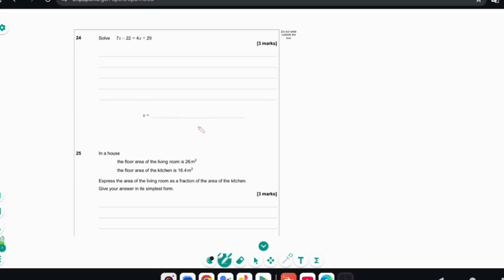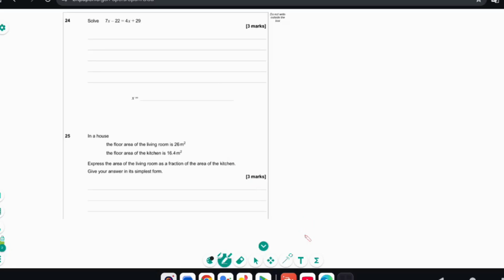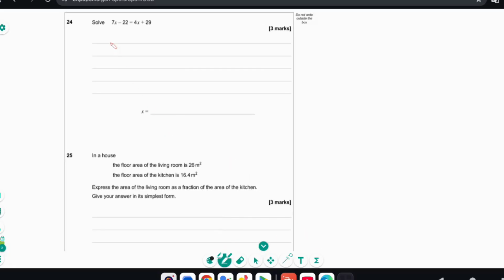Solve the equation. So first of all, we need to balance out the x's by taking 4x off both sides, which leaves us with 3x minus 22 equals 29. I'm going to add 22 to both sides.